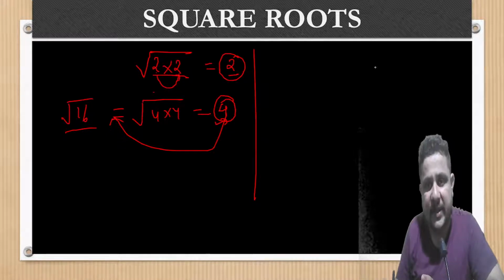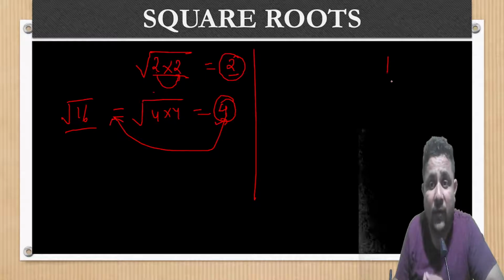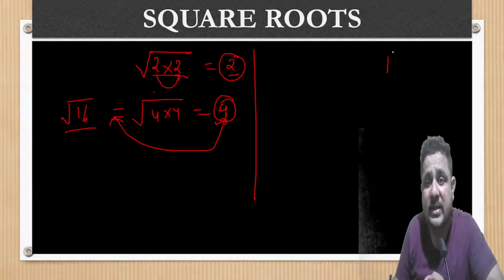So now just see. The first thing which you need to keep in your mind is the unit digits of the squares of the numbers from 1 to 10. See, 1 square is 1.